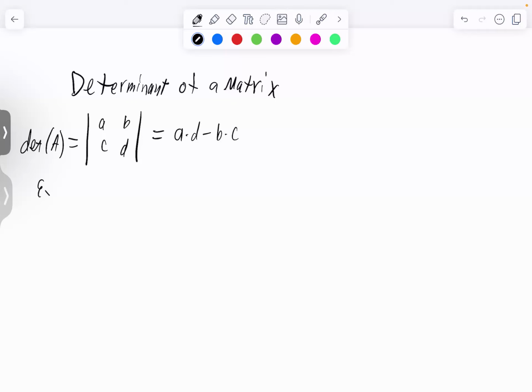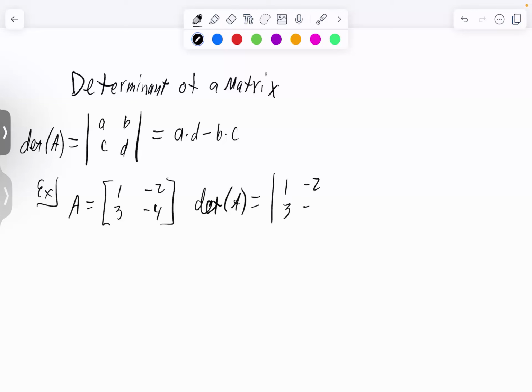So for example, let's say I have a matrix A, 1, -2, 3, -4, and I want to find the determinant of matrix A. That's going to be 1 times -4 minus -2 times 3.